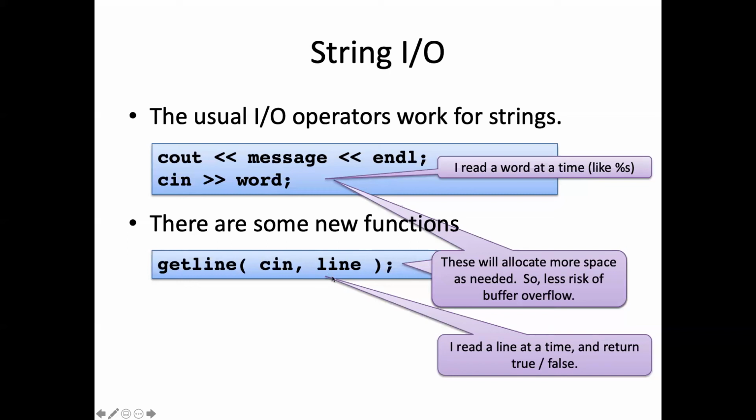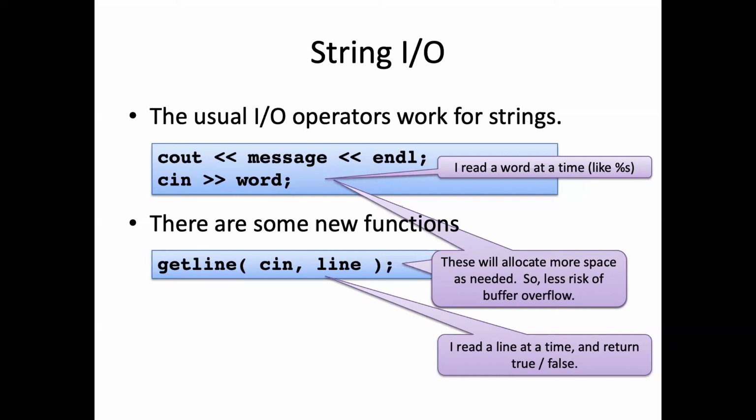It can store whatever line gets read in that string. And like I started to say, this returns true or false. It returns true as long as you successfully read a line, kind of like the function we wrote. So if you wanted to just read all the lines of an input file one at a time, you could keep calling this function as long as it returned true.